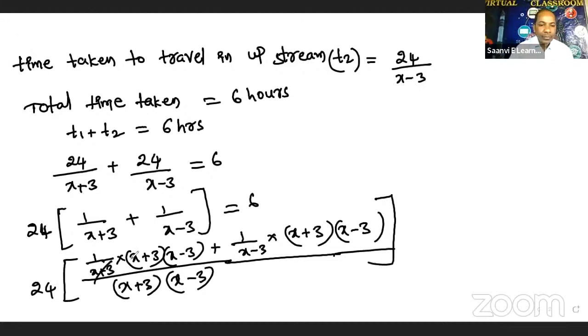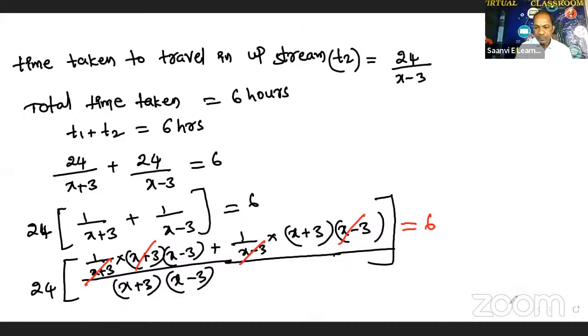So here x plus 3 cancel, and here x minus 3 cancel, and here is equal to 6. Now what are the remaining values?